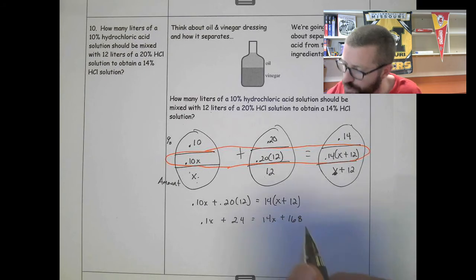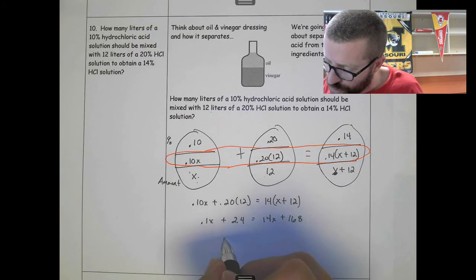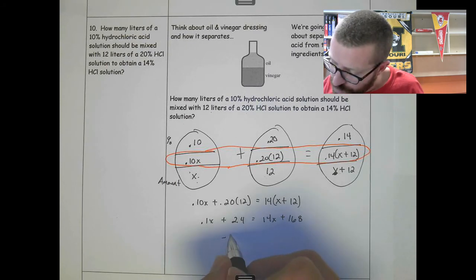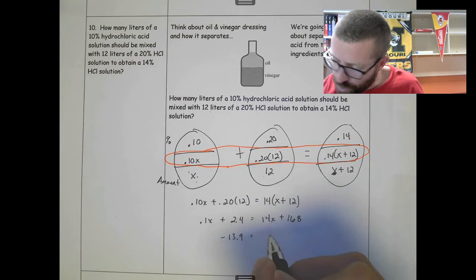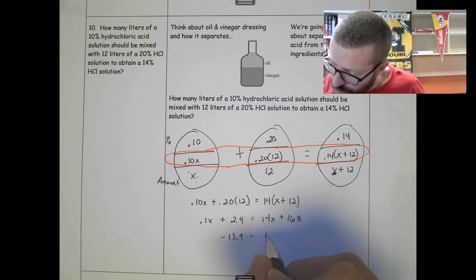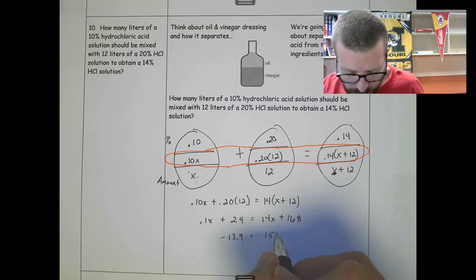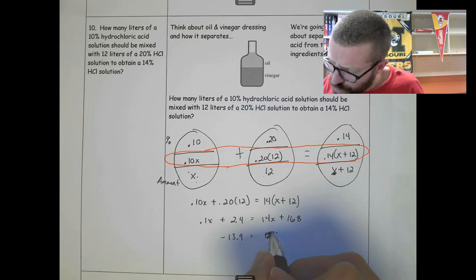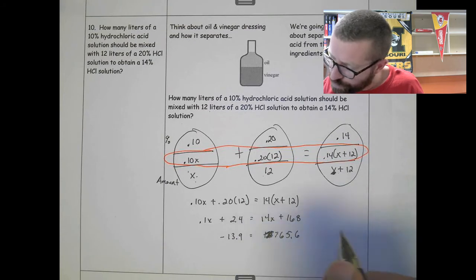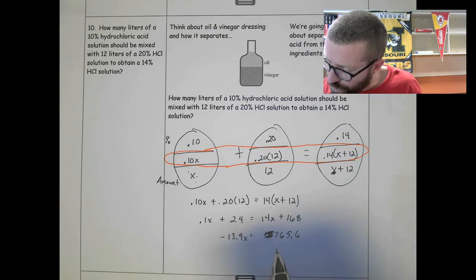If I subtract, let's subtract this over. Get 13.9. And then subtract that over. Get 157. Oh wait, no. What was I doing? 165.6. Forgot my x, and then divide.